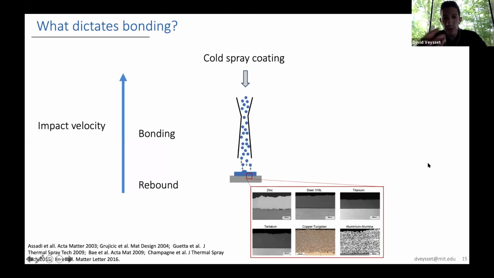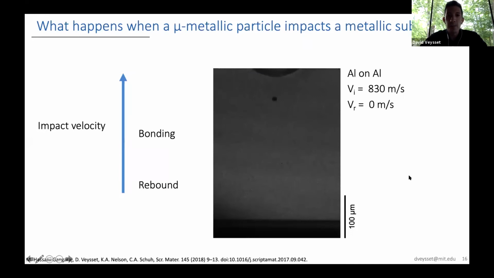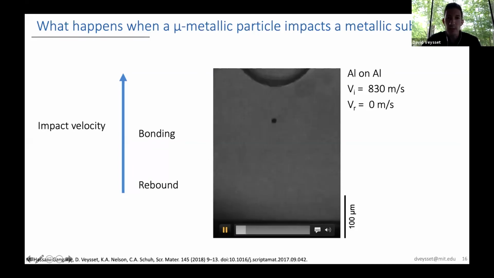This has been shown at the multiple particle level, and we can observe a single event in this process. Here's an example of an aluminum particle impacting an aluminum substrate, where the impact velocity is 800 meters per second and the rebound velocity is 0 because the particle sticks to the surface.